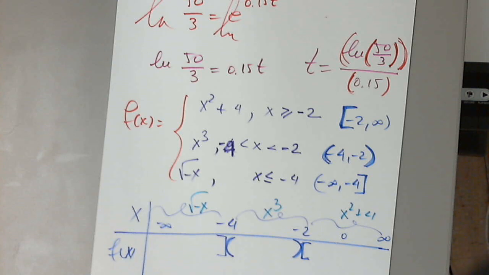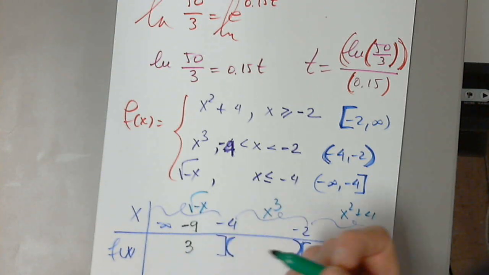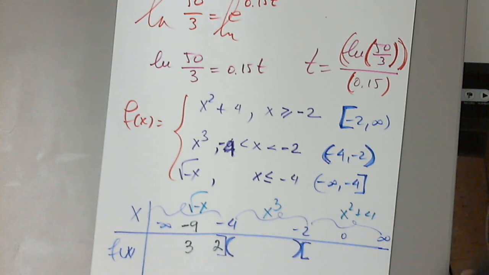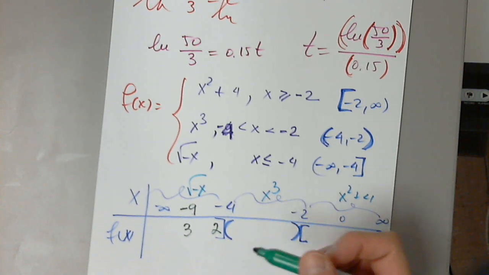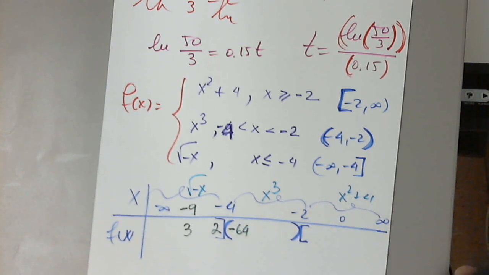So now I just pick numbers and plug them in. I will use negative 9, and when I plug in negative 9, I get 3. When I plug in negative 4, I get 2. When I plug in negative 4 into x cubed, I get a huge number, negative 64, huge for my table, for my graph.